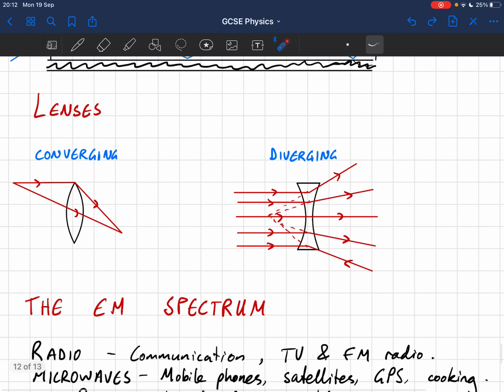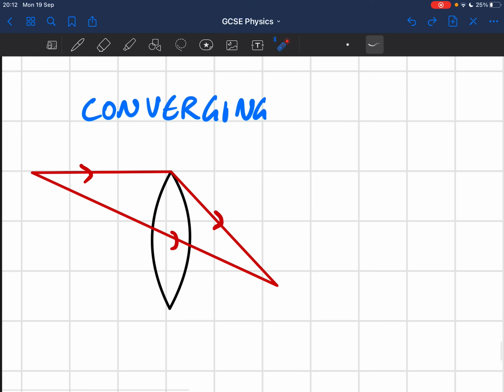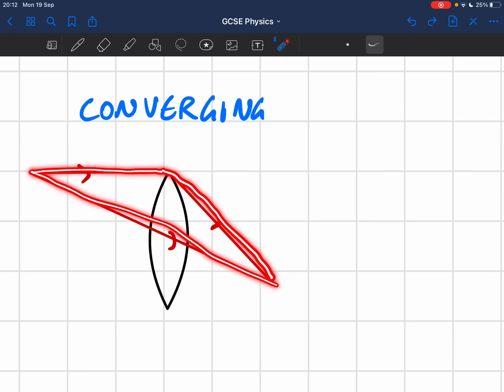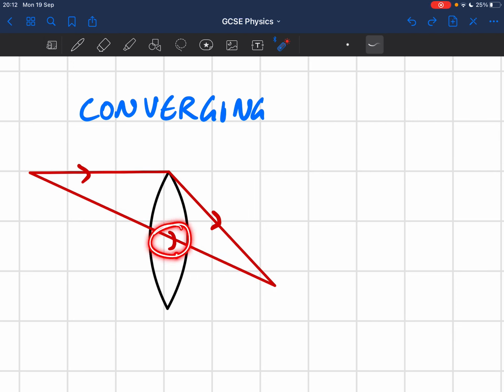Okay, so there are two types of lenses. You've got your converging lens and you've got your diverging lens. Converging lenses converge the rays towards a point. So they bring all the rays together towards a point, okay? This is used for farsighted people to bring the rays of light towards a point. This straight line doesn't look like it's converging, and that's only because it's passing through the optical center.